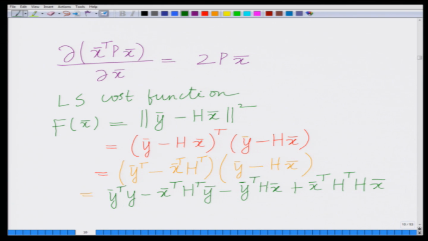These two quantities are the transpose of each other. So, these two are equal. So, this is basically y bar transpose y bar minus twice x bar transpose h transpose y bar plus x bar transpose h transpose h x bar.